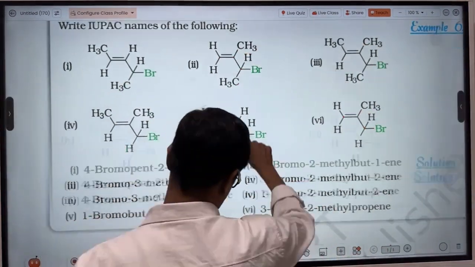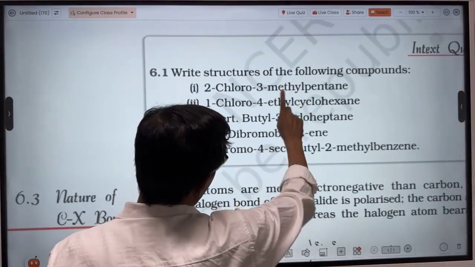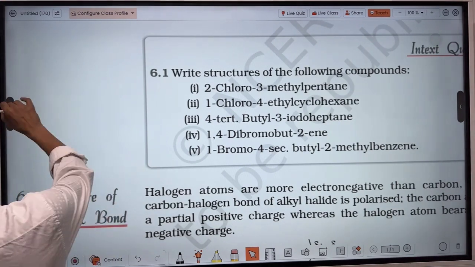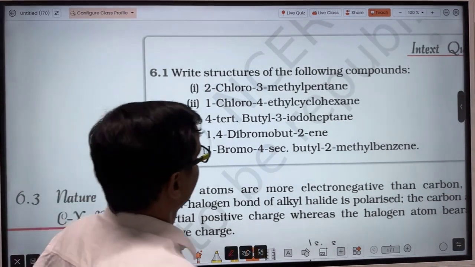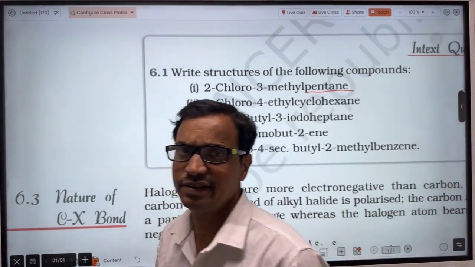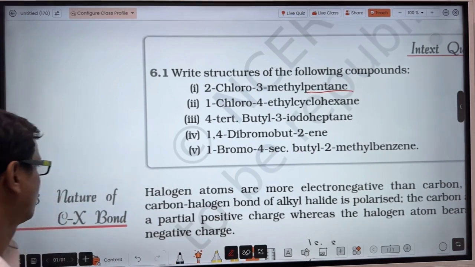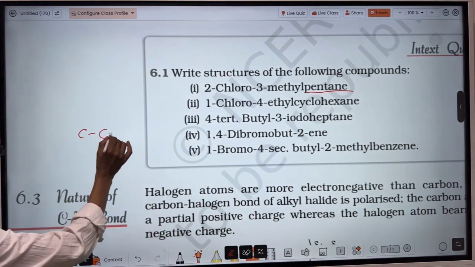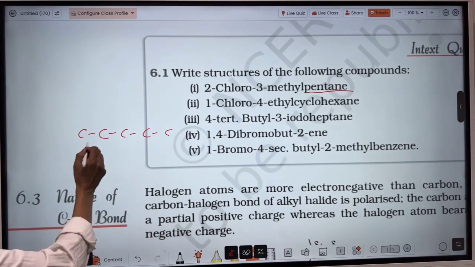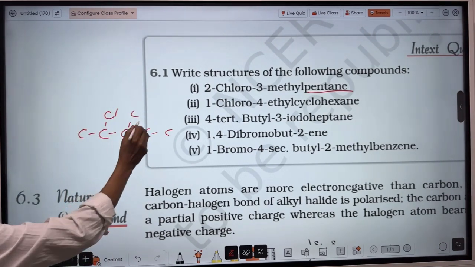Okay. Now let's see 2-chloro 3-methyl pentane. You will have to draw the structure. Firstly, pentane means the main chain is of 5 carbons, so draw a 5 carbon chain. 2-chloro, so from this side you take chlorine here, then 3-methyl, so here.